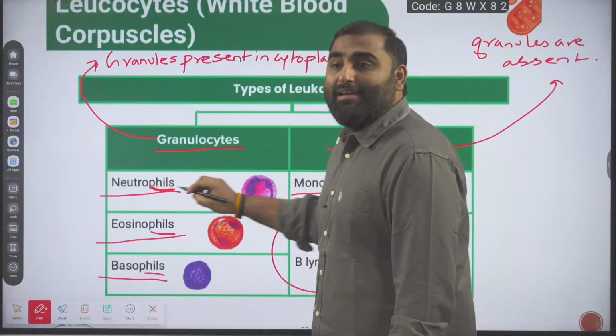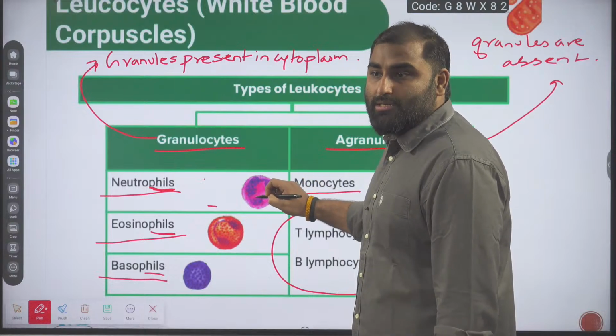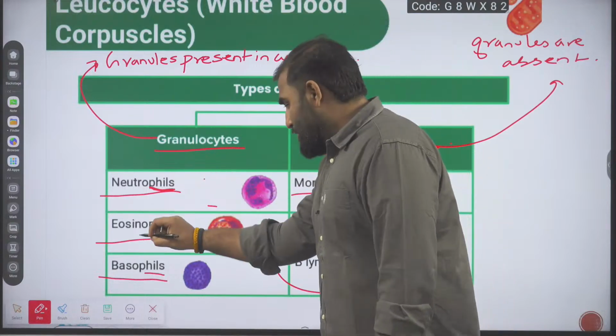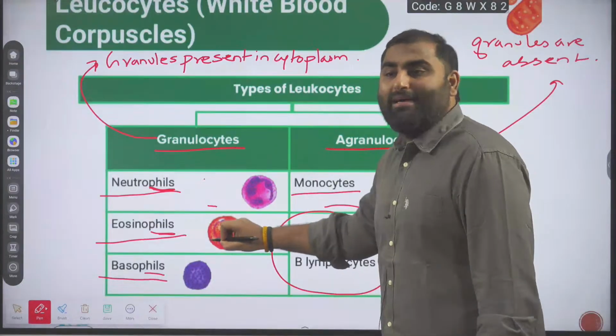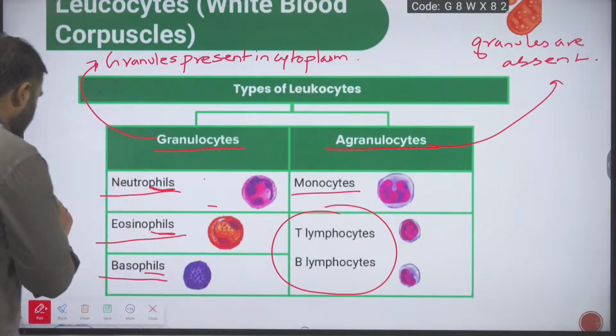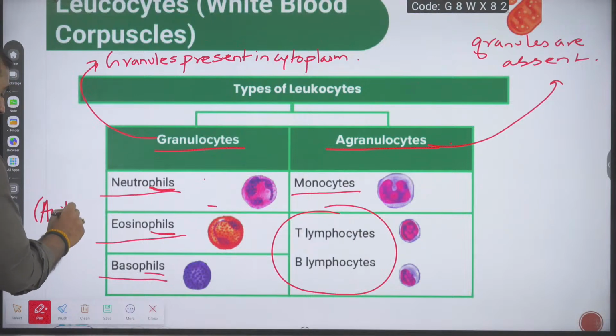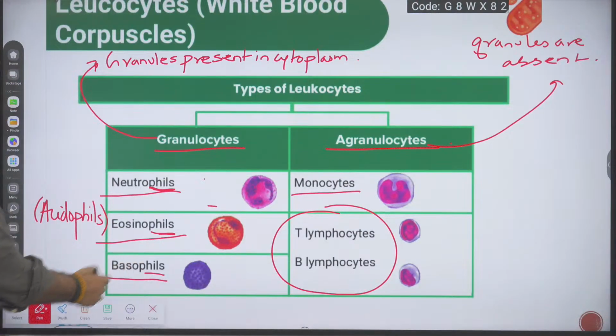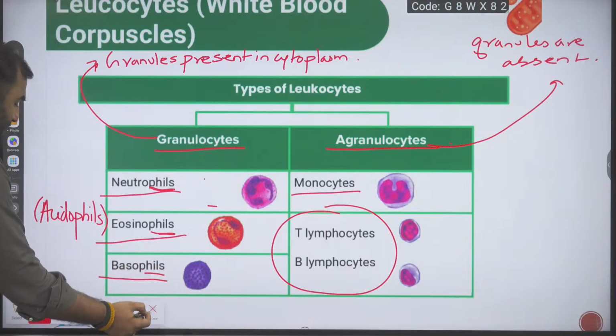Neutrophils have neutral staining granules. Eosinophils have acidic staining granules or eosin staining, so eosinophils can also be called acidophils. Basophils have basic staining granules.